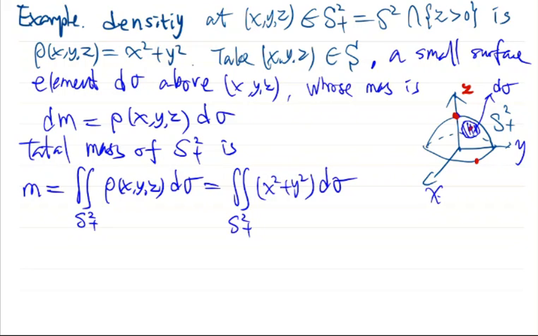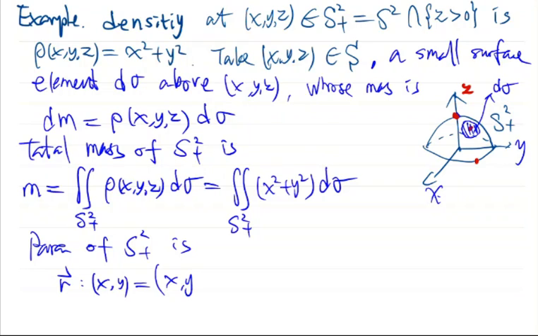So we can use this parametrization: r(x, y) is (x, y, square root of 1 minus x squared minus y squared), where x squared plus y squared is less than 1.